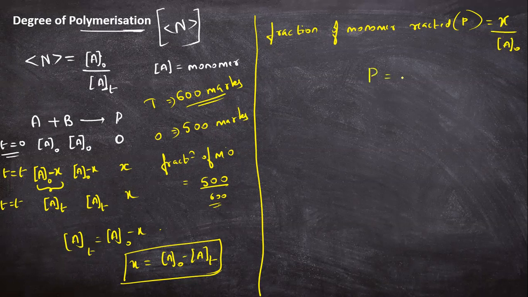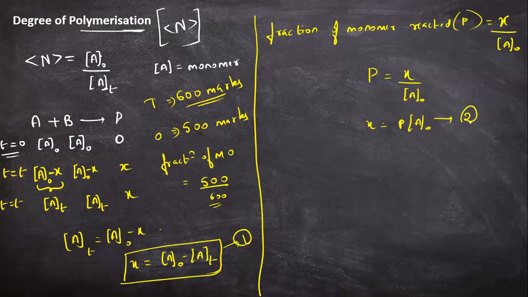So P will be equal to X upon A naught. Therefore, X will be equal to P into A naught. Let me consider this as equation 1 and this as equation 2. Putting the value of X from equation 1, A naught minus A t will be equal to P into A naught.